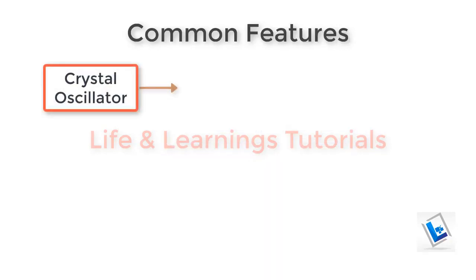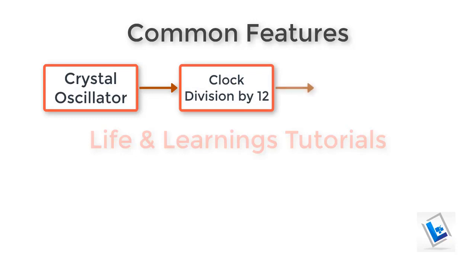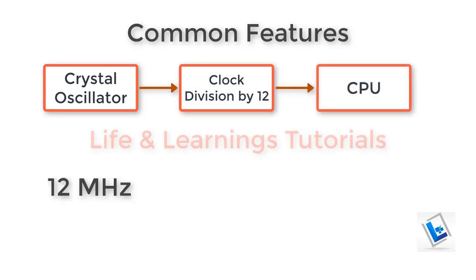The system clock of standard 8051 is divided by 12. That means if we are connecting a 12 MHz crystal to the oscillator pins, then it will be divided by 12 and we will get only 1 MHz as a CPU clock.